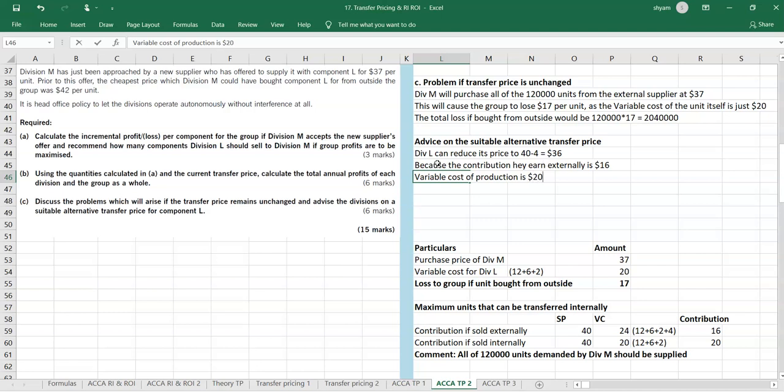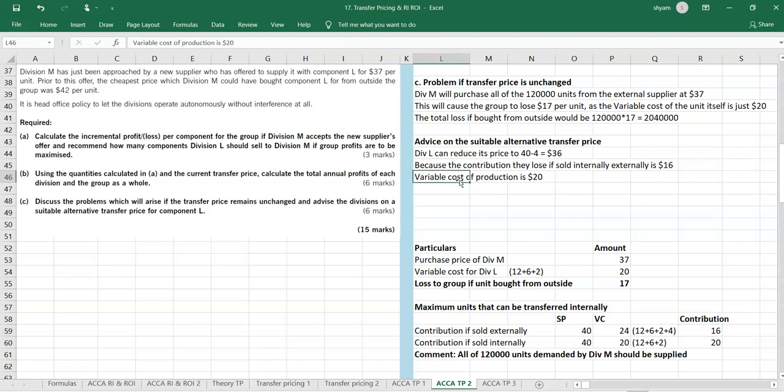So because the contribution, or we'll put it as lose, if sold internally, they lose $16. Because if they had sold outside, they could have got that 16, but if they sell it inside, they are losing 16.